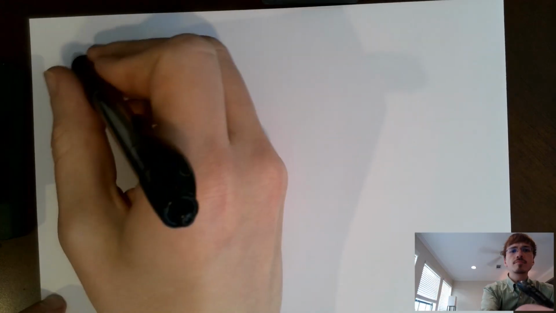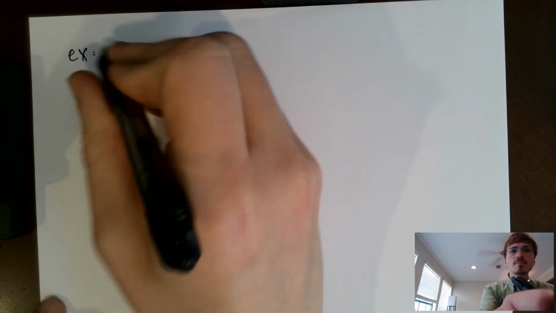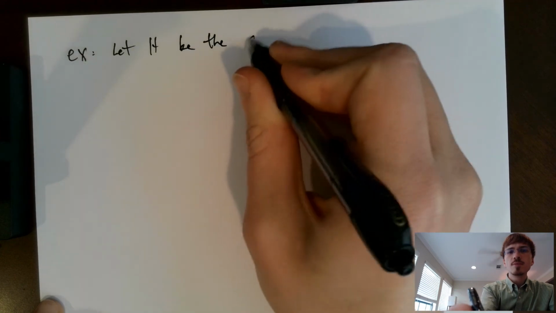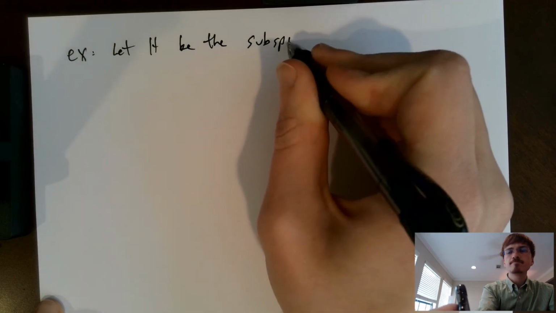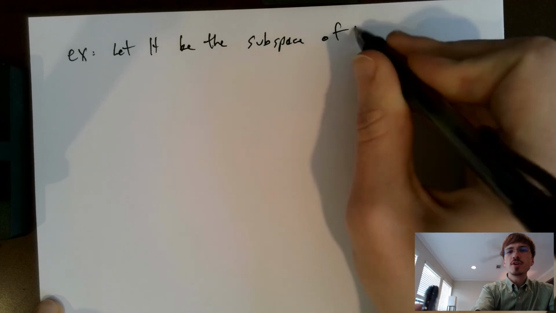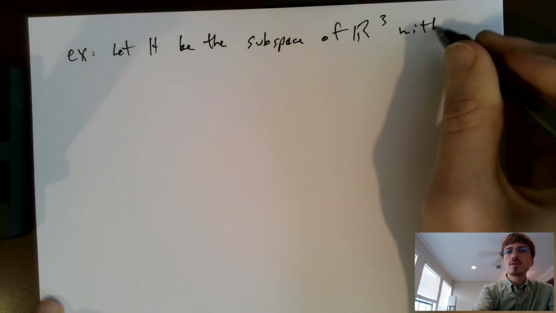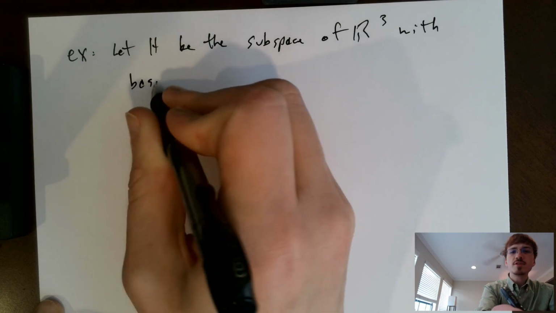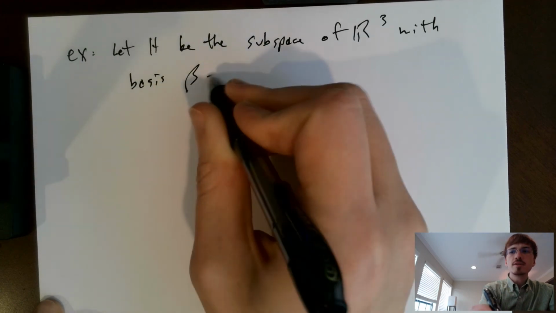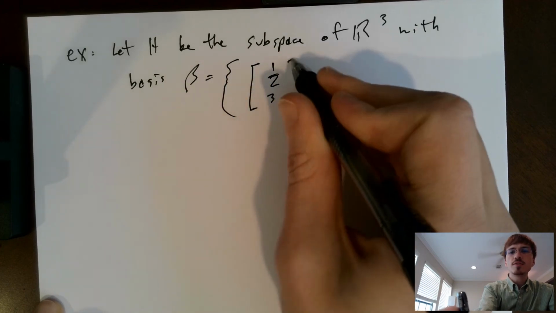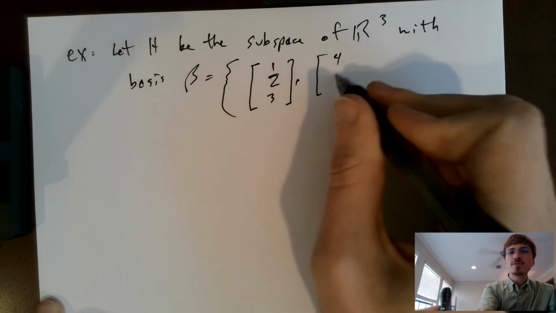Let's do an example. Let H be the subspace of R3, with basis given by beta, the set of vectors 1, 2, 3 and 4, 5, 6.